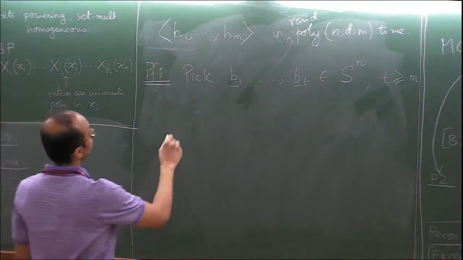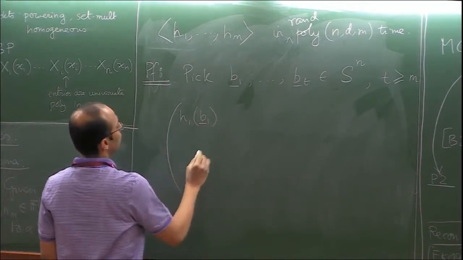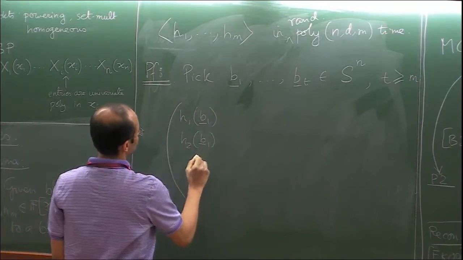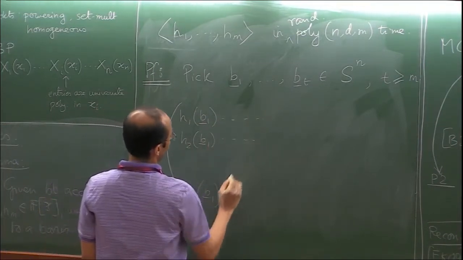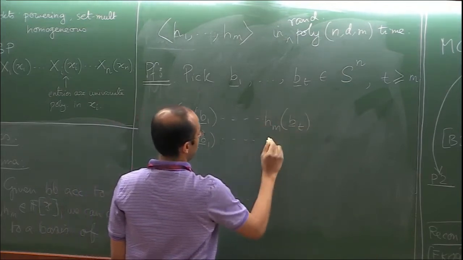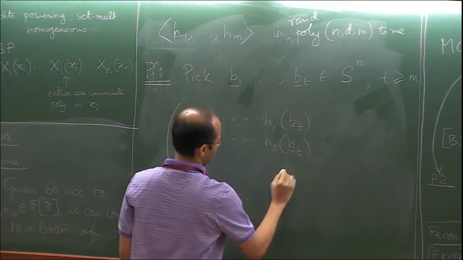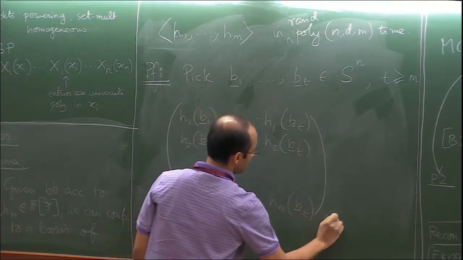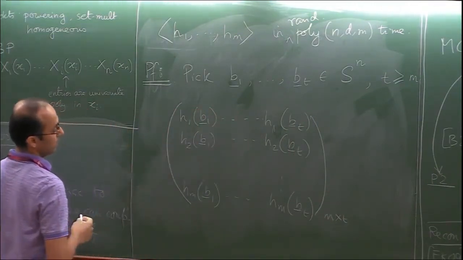So for any t, if you look at this matrix, h1 of b1 and so on, this is an m cross t matrix. It's a numeric matrix because I've evaluated the polynomials at random points.